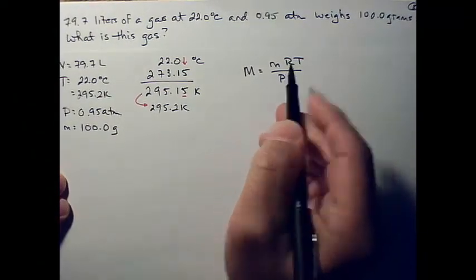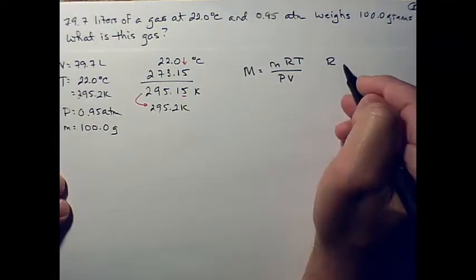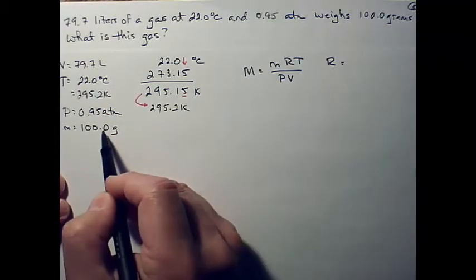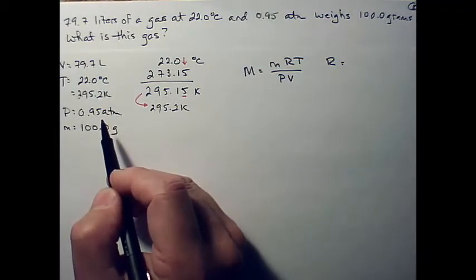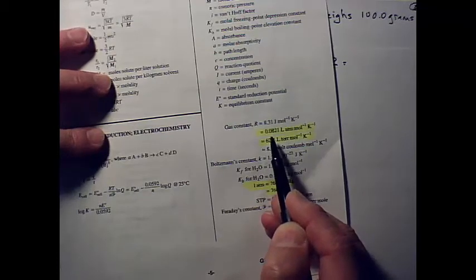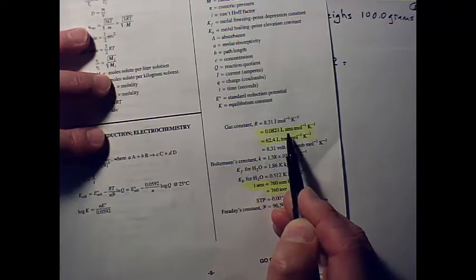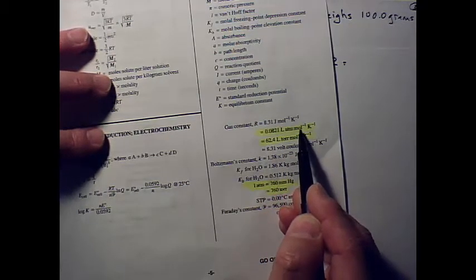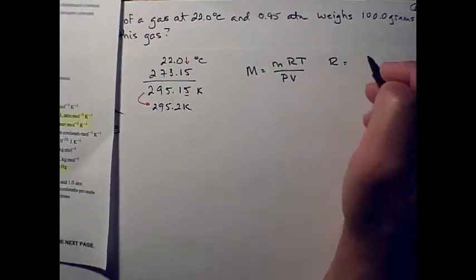So we still need to know what R is. We just want R to match the pressure units here, and the pressure units are in atmospheres. And so R that has atmospheres in it is 0.0821 liters times atmosphere divided by moles and divided by Kelvin.